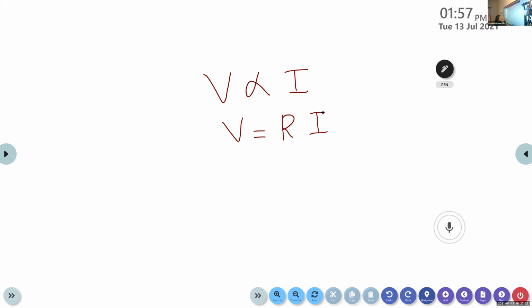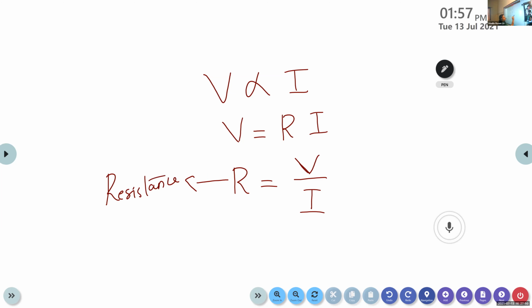Okay, so here what is the constant? R is the constant, and we want to find out the dimension for this constant R. So rearrange the equation, R is equal to V by I. Very good. R is equal to V by I. So here R is the resistance.